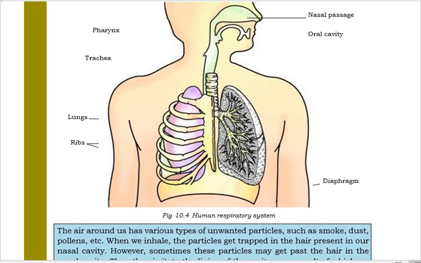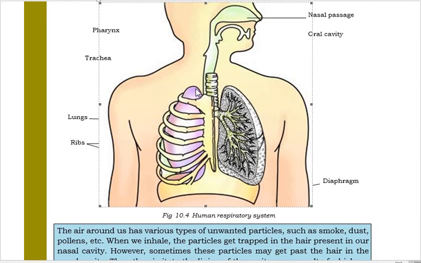Now look at the figure here. Here you can see the nasal passage, that is outside the passage. Then there is the oral cavity, that is the mouth, and here the throat portion. Then this cartilaginous tube, which is called the trachea, and two lobes of lungs.